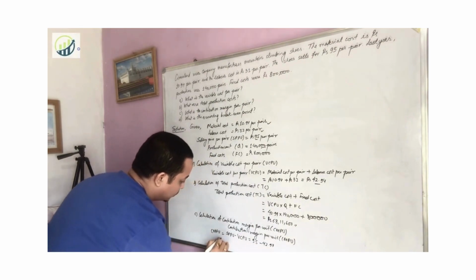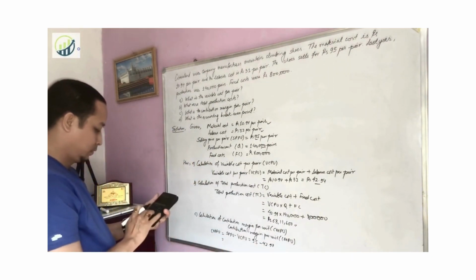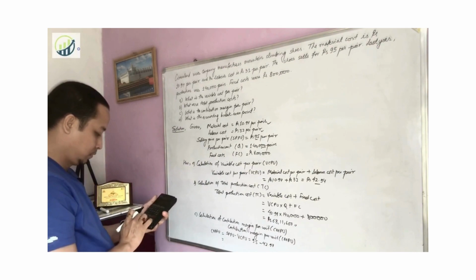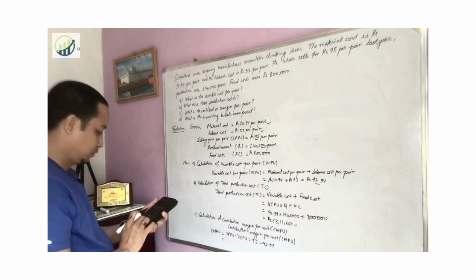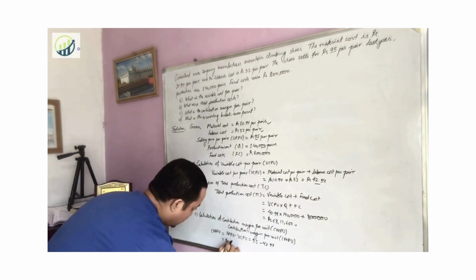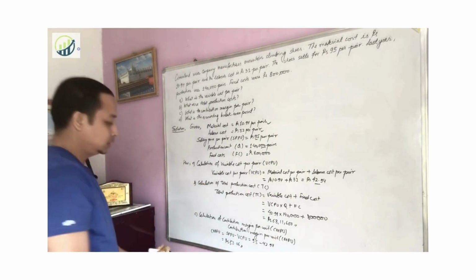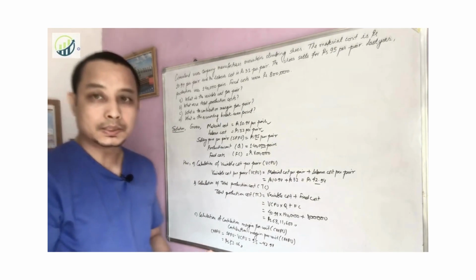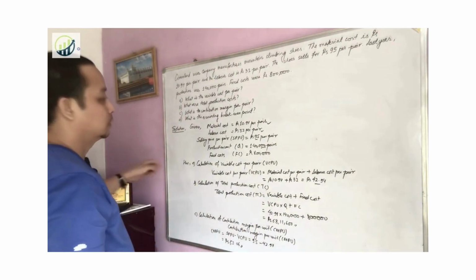So that is your 52.06. So this is your contribution margin per unit for producing one pair of shoes.